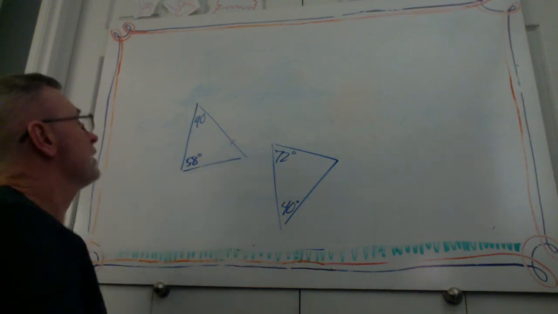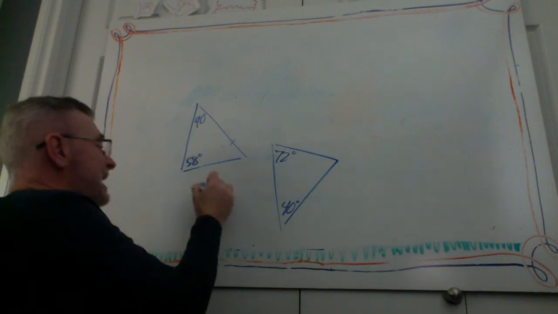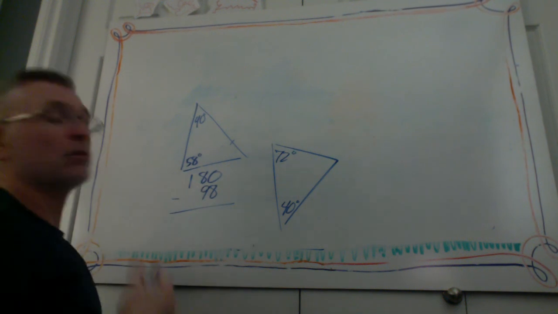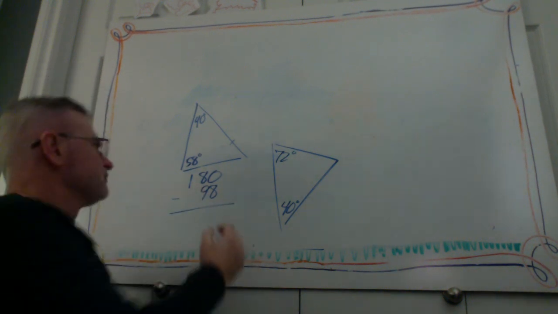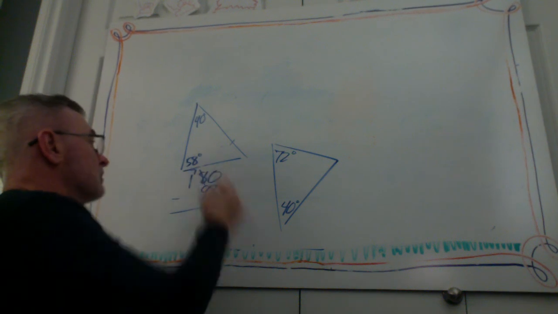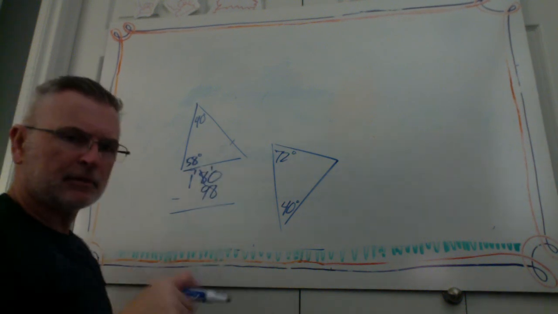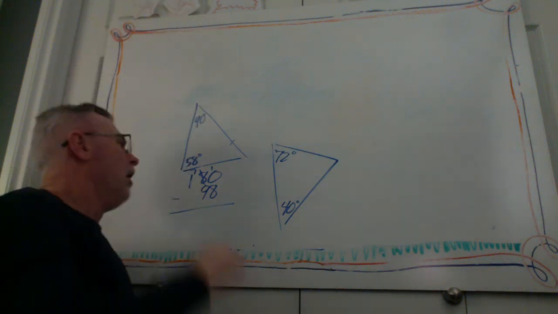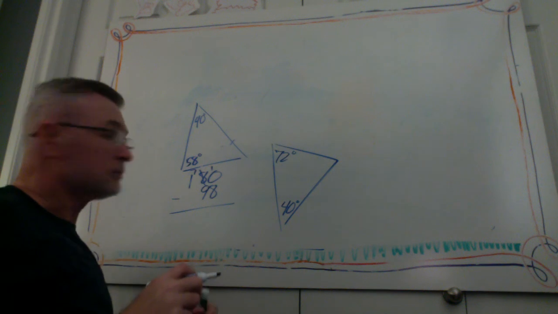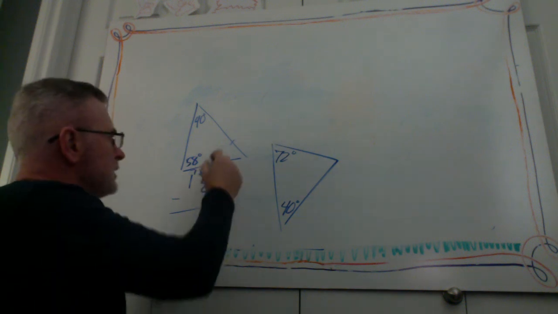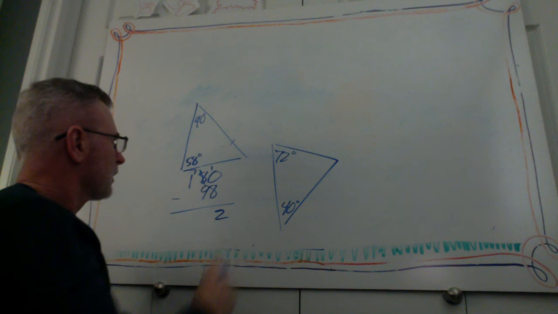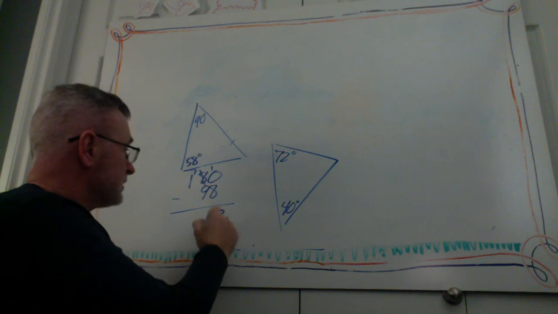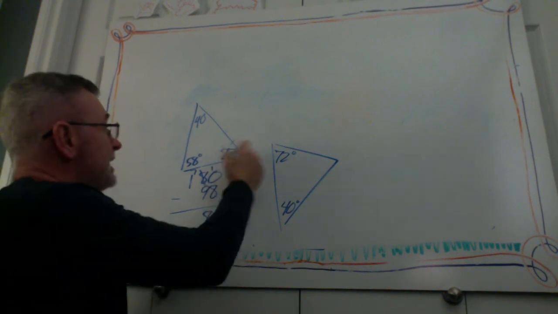Oh, I know what I did. So 40 plus 58 is 98. We're going to subtract 98 from 180. So that's why I borrowed. Sorry, my head's a little foggy. I'm not completely well. How about that? Still got a little thing going on here. So 10 minus 8 is 2. And then 17 minus that is 82. So this is 82 degrees.